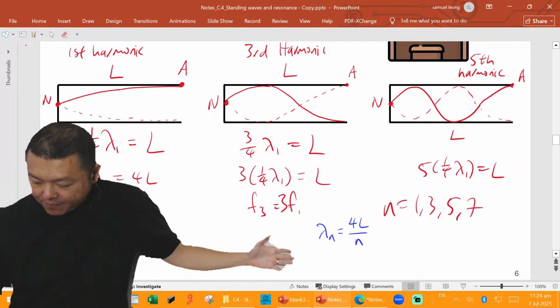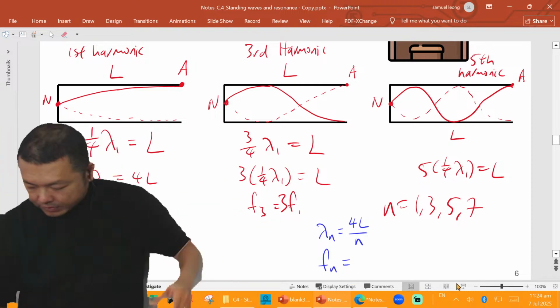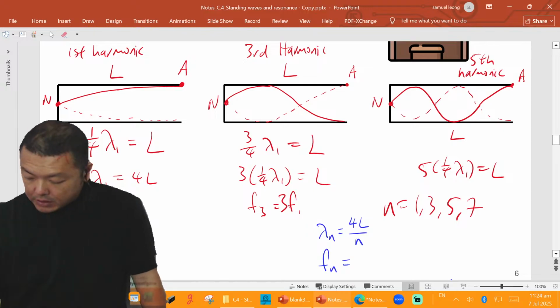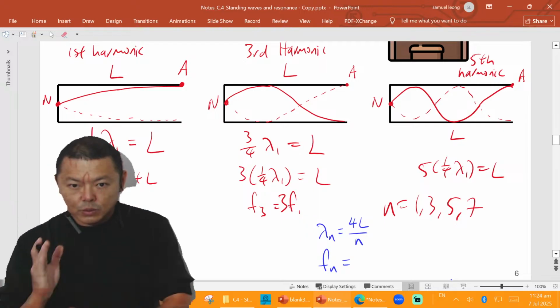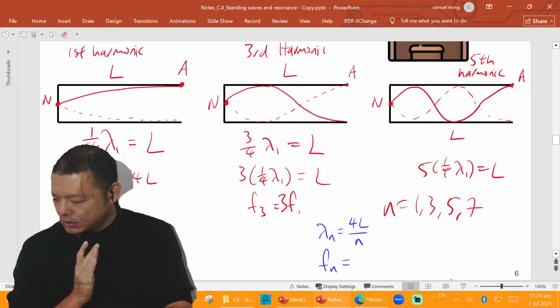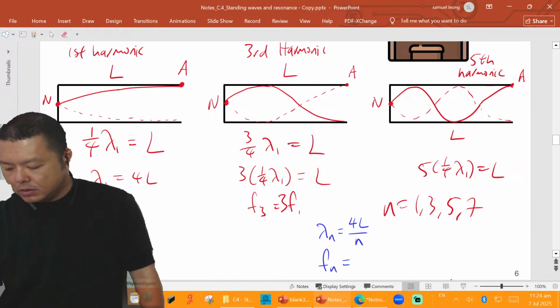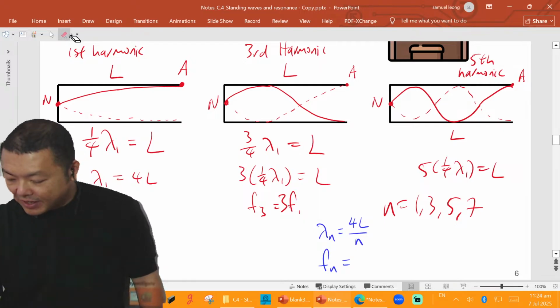And then Fn, the nth harmonic frequency, it will be... no, wait, no, should be lambda 3, sorry.